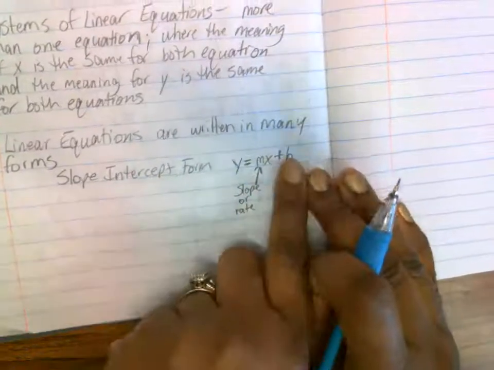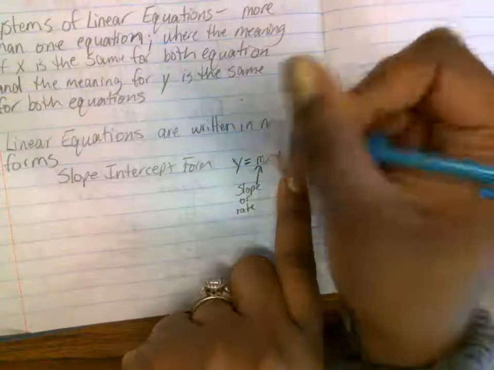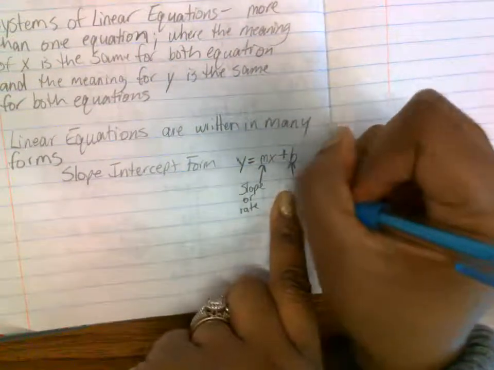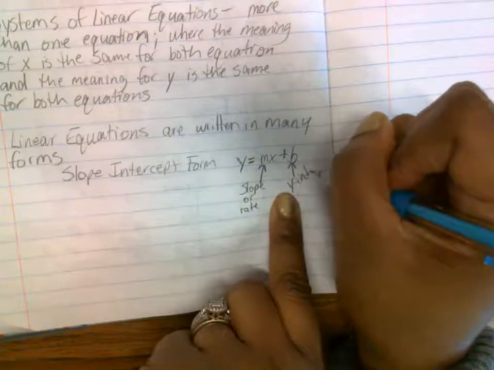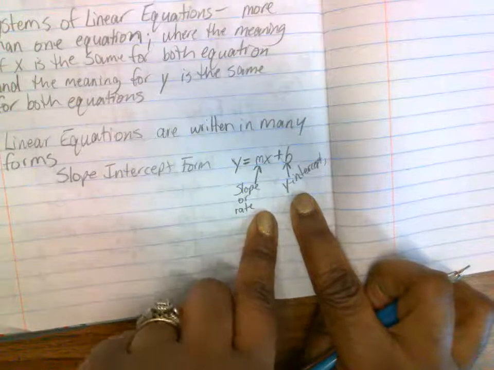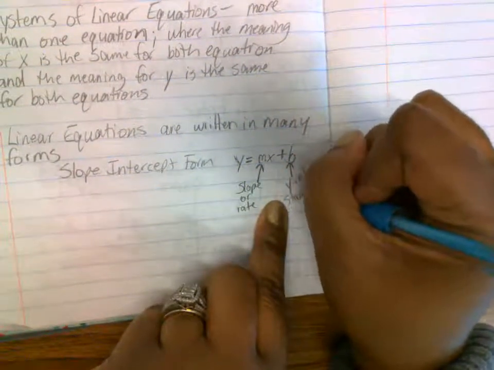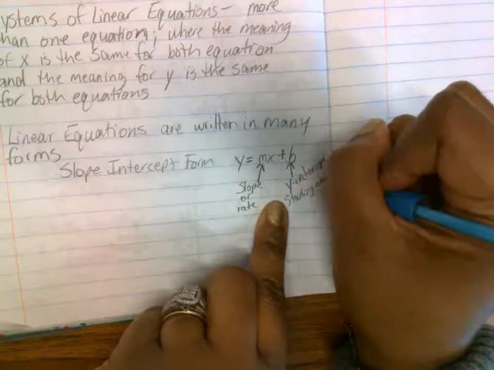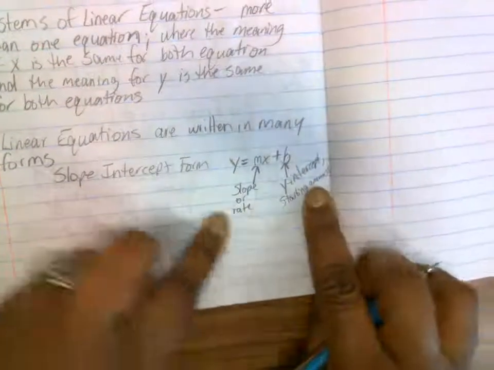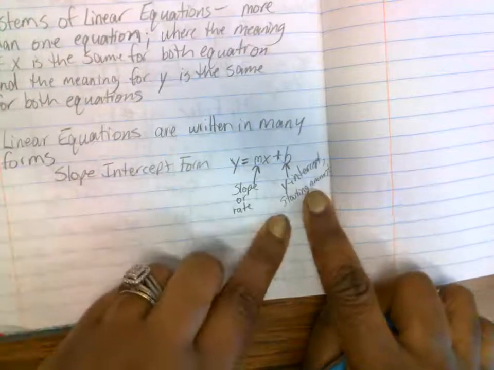Your b, the number that has no variable attached to it, is called your y-intercept. Your starting amount, or your initial value.